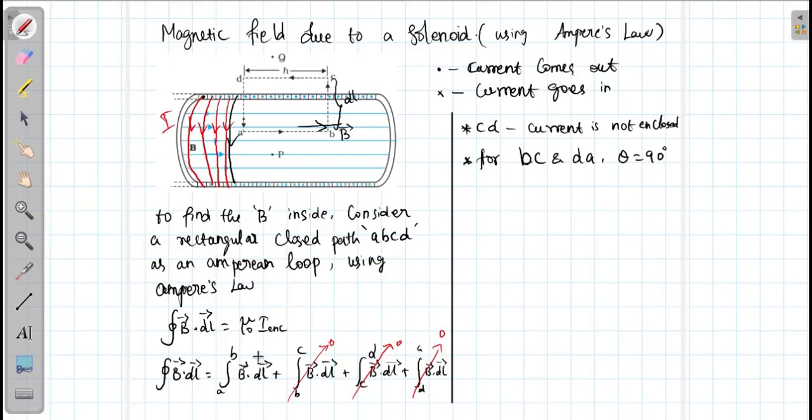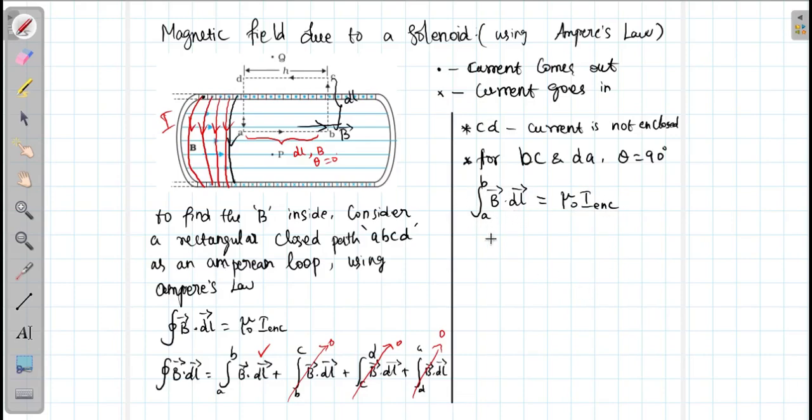So the only remaining value is this one, AB. In this case, dl and B are in the same direction, therefore theta is 0 degrees. Therefore, our desired value, integral B dot dl from A to B, equals mu naught I enclosed.